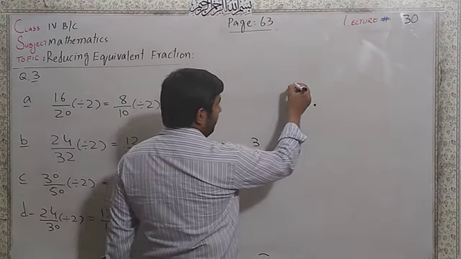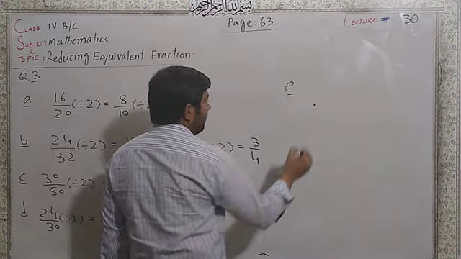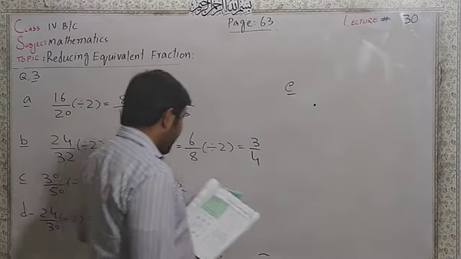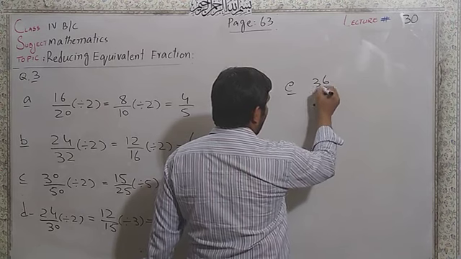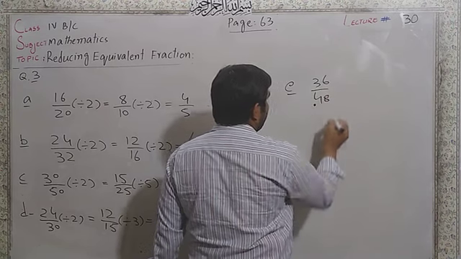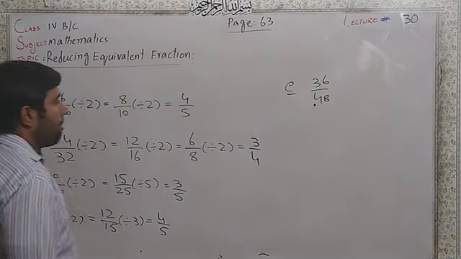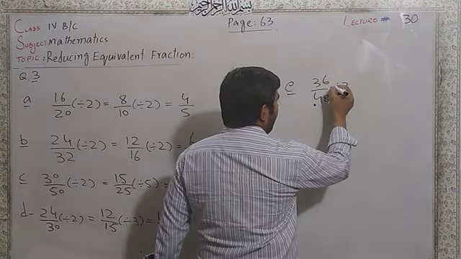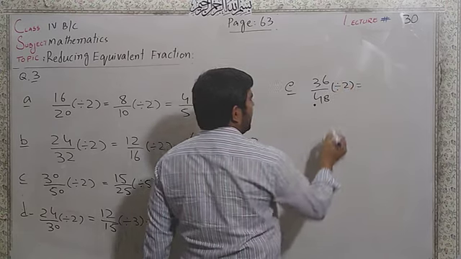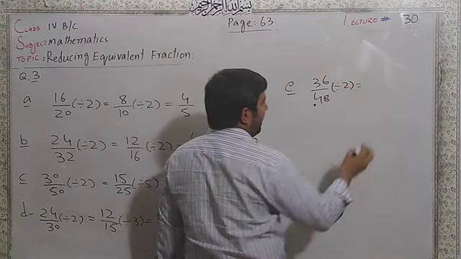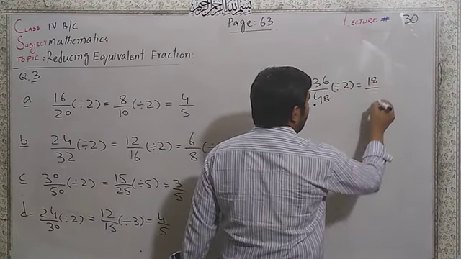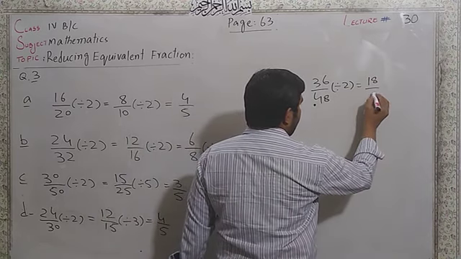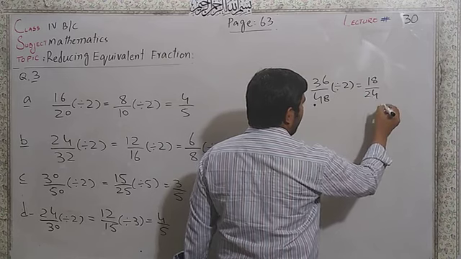E. 36 over 48. So you will check. Divide by 2. 36 divided by 2 will be 18 and 48 divided by 2 will be 24.